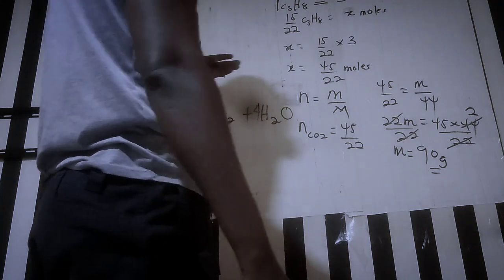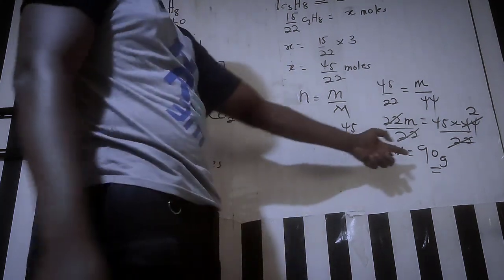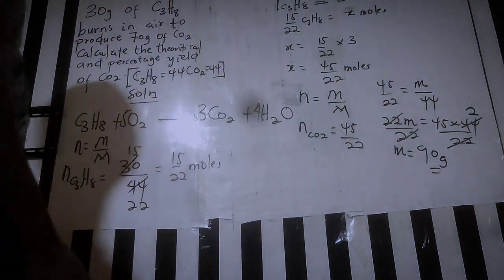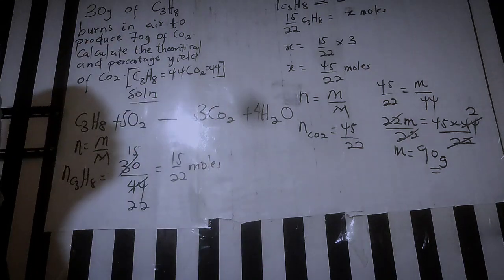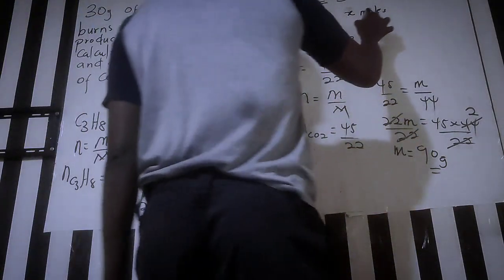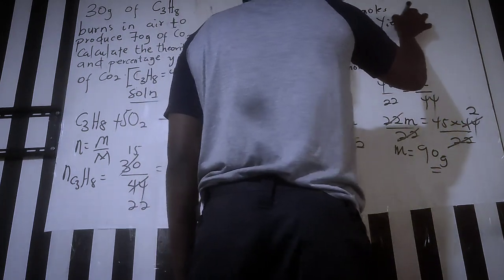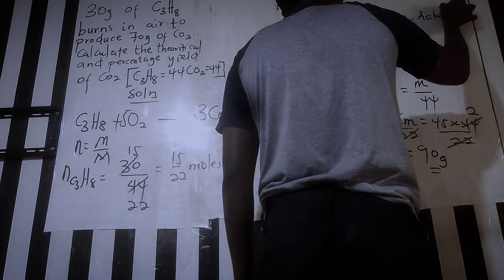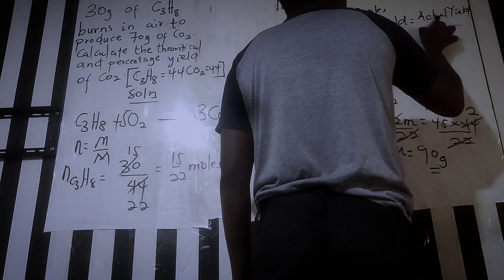So initially, the actual yield for CO2 was 70 grams, but for the theoretical yield we're having 90 grams. And the final part says we should calculate the percentage yield of this chemical preparation. So from our formula, percentage yield is equal to the actual yield divided by the theoretical yield.